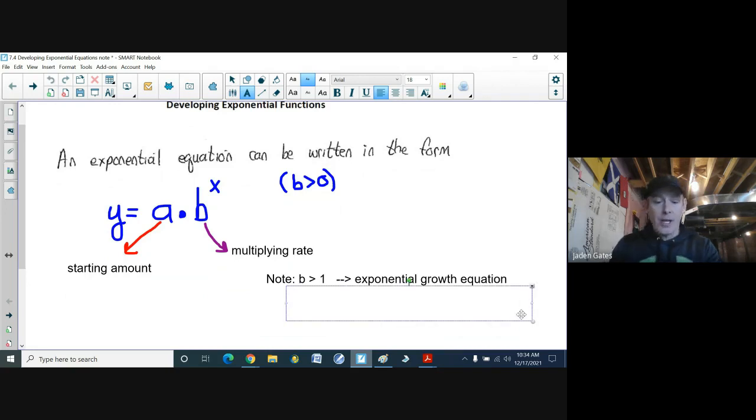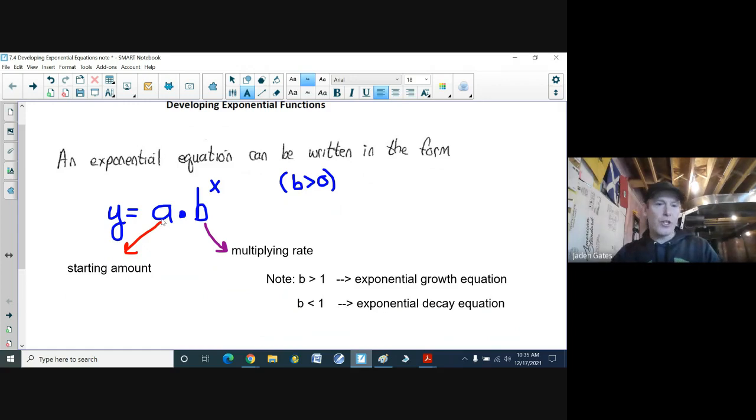The opposite is that if b is less than 1, but again, can't be 0 or negative, you have an exponential decay equation. So the equation can tell you what the starting amount is and whether you have exponential growth or decay just by looking at the b value.